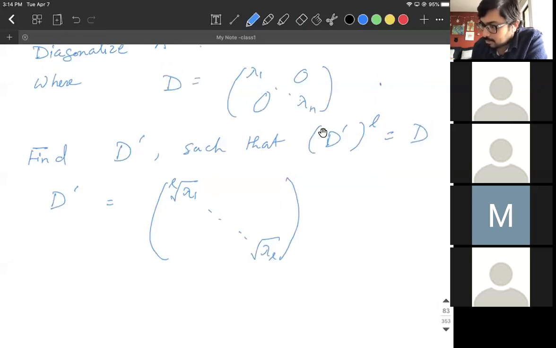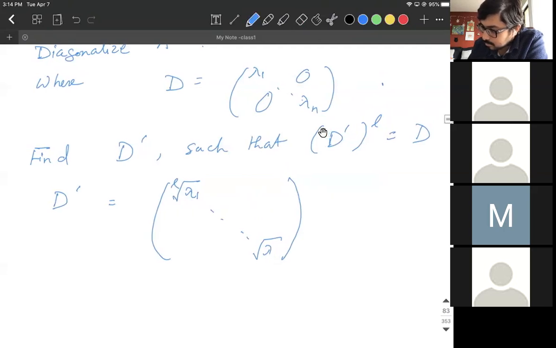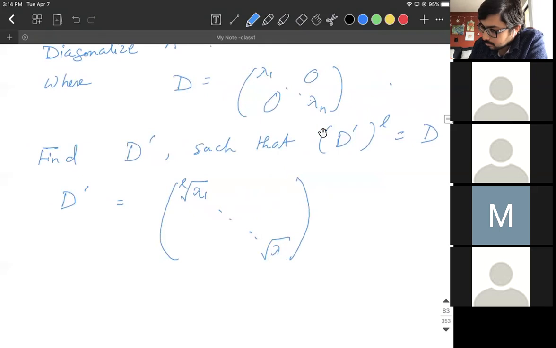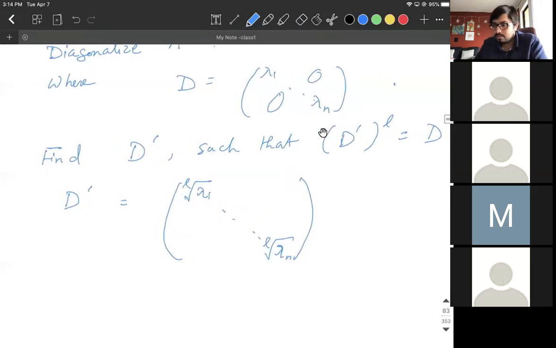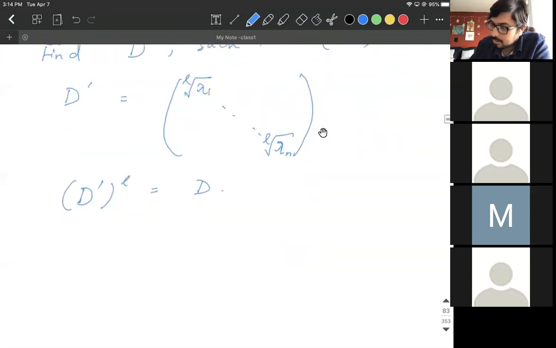We are working with n cross n matrices. So then, of course, D prime to the L will be D, okay?